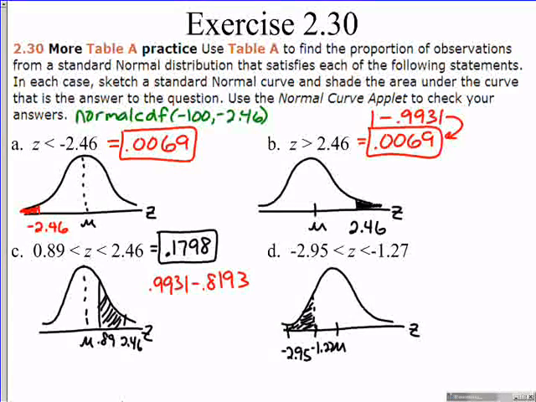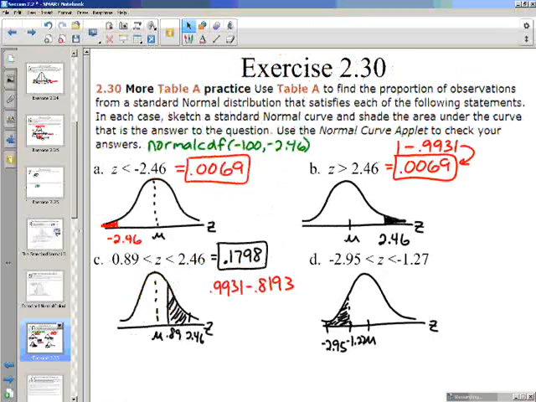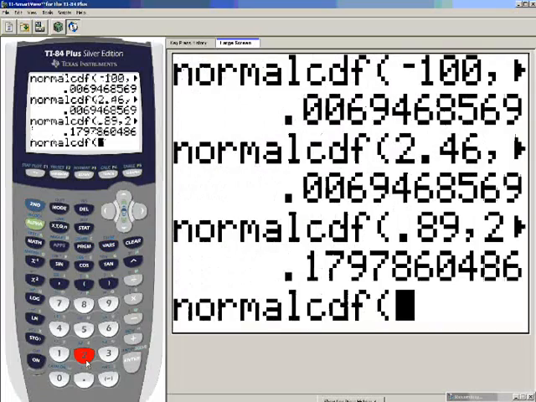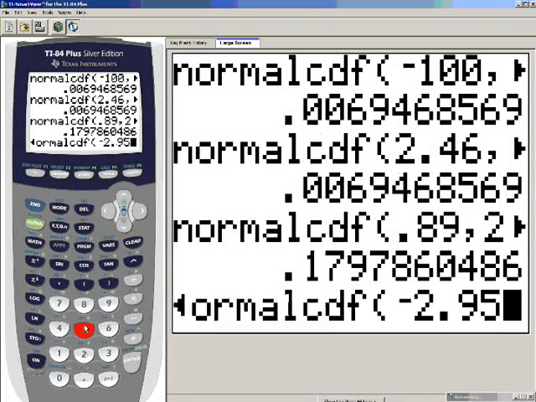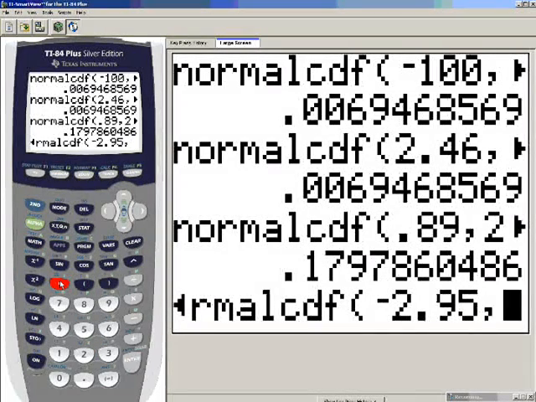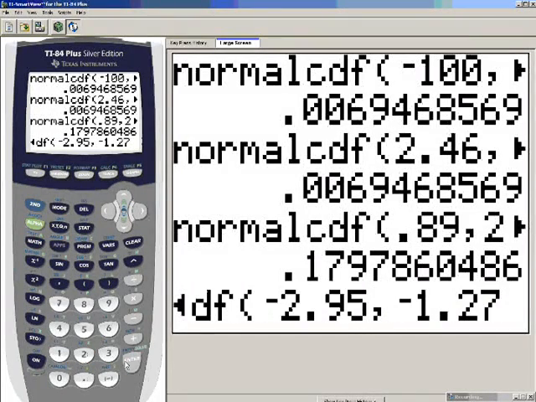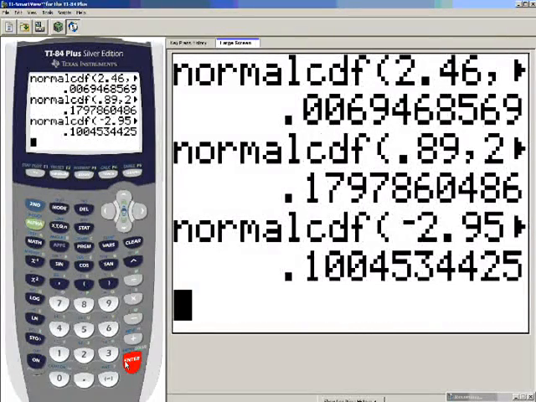Easiest done on the calculator. Go ahead and plug that in. Normal CDF, second function distribution. Number 2, normal CDF from negative 2.95 up to negative 1.27. Round to 4 decimal places, 0.1005.